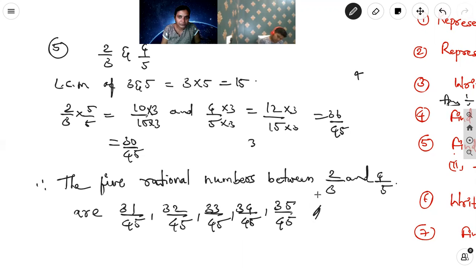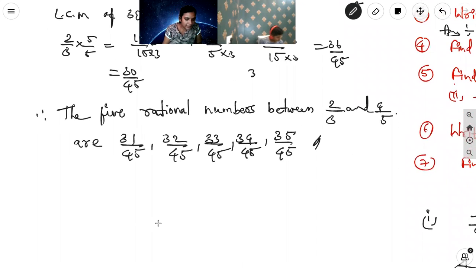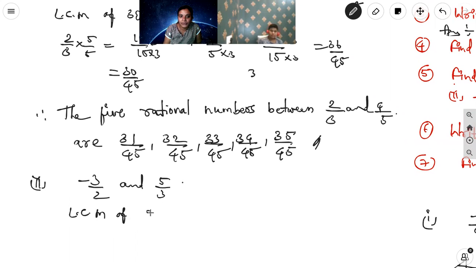Second question: in that second one, minus 3 by 2 and 5 by 3. Again taking the LCM. LCM of 2 and 3, 2 threes are 6, is the LCM.